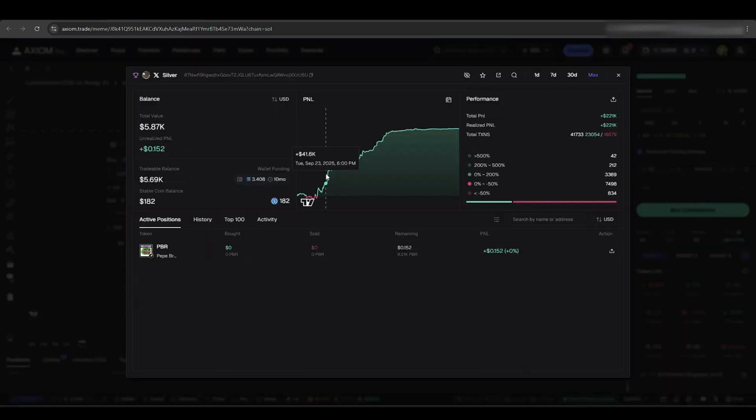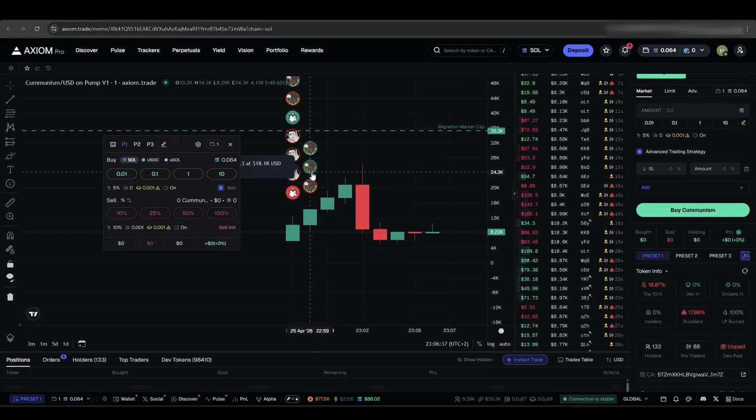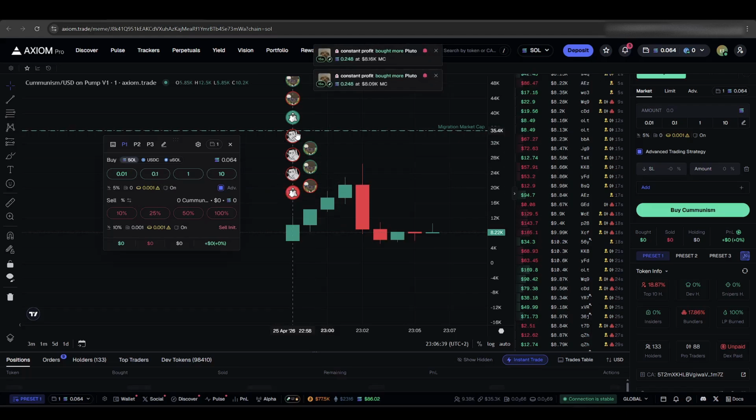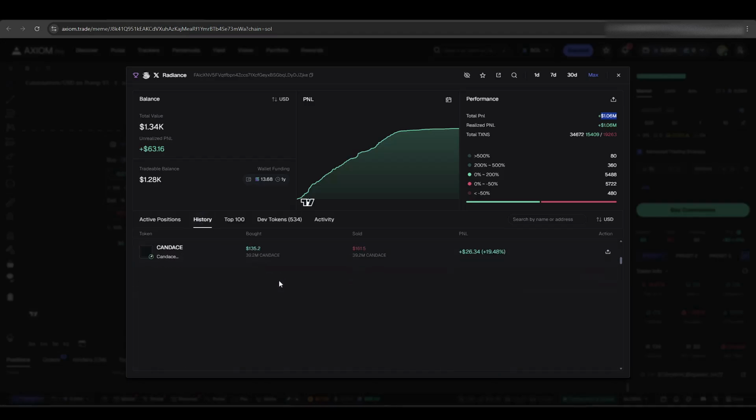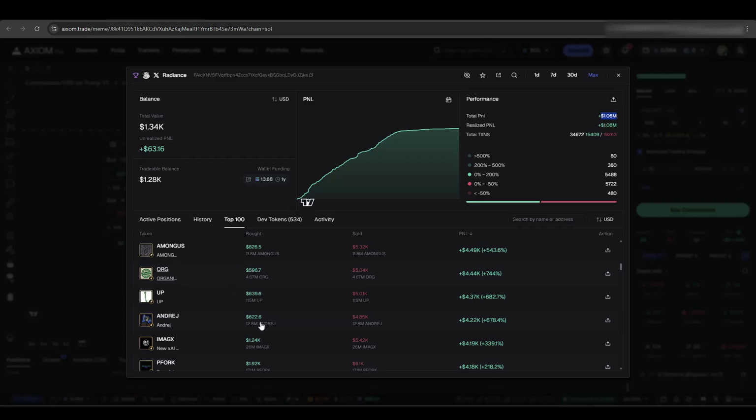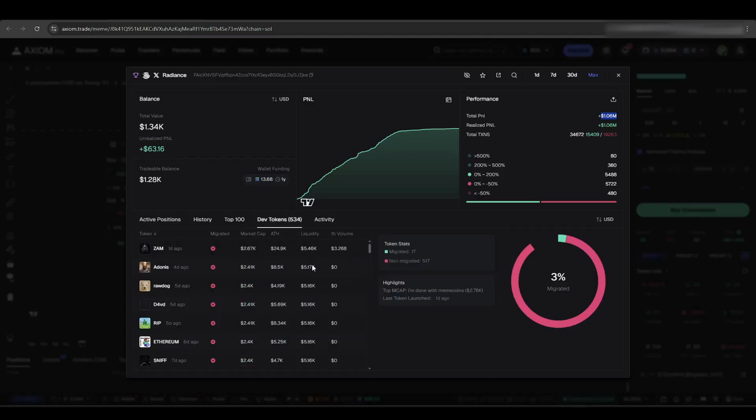Now you can click on them, and now you see their statistics, basically. Their P&L, for example, this guy had a total P&L of 220,000, and he bought, and then he sold. And then this other guy, for example, also has a P&L of plus 1 million. And then you can see exactly what they did, the history, their top 10 holdings.